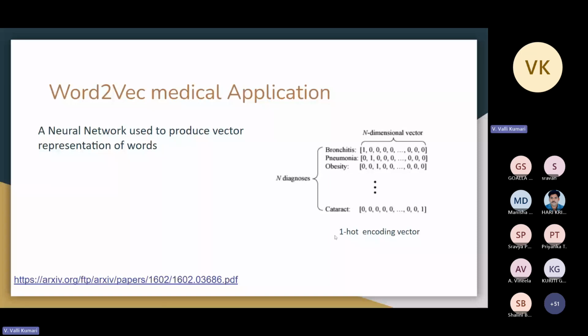So in general, one-hot encoding, you know this representation, right? If you have n words, you can have an n-dimensional vector. So this is one-hot encoding.